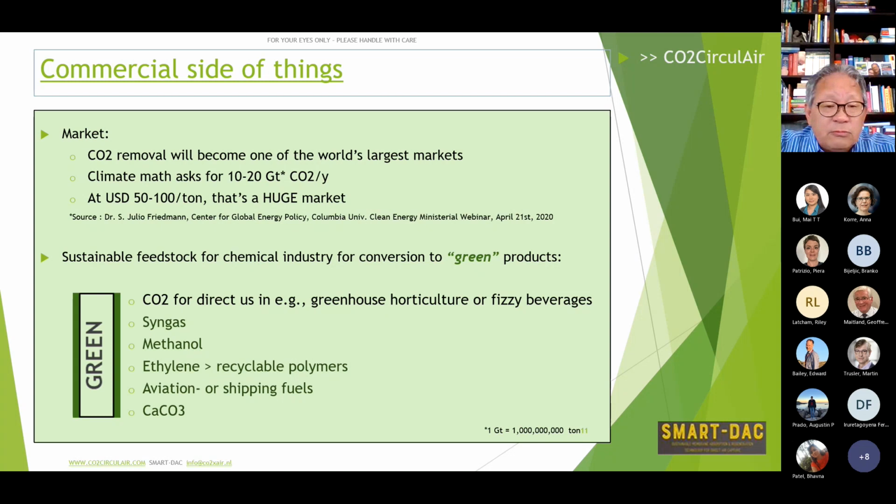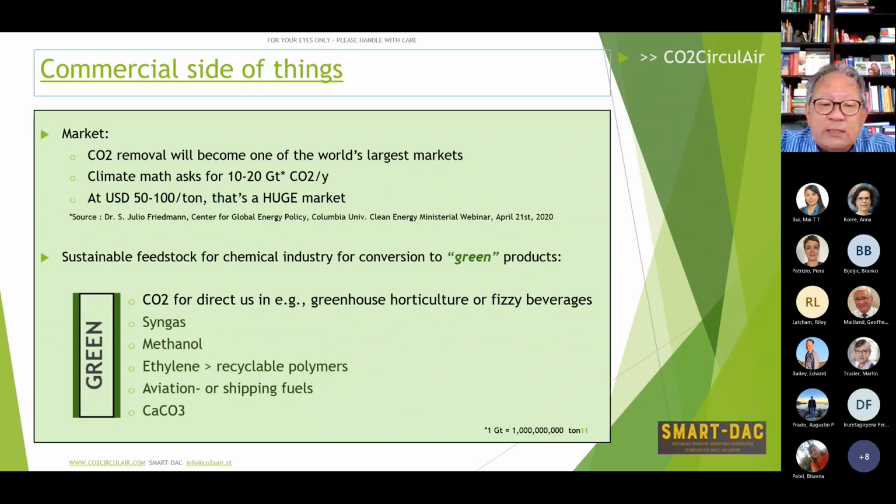So even use it directly in greenhouses, horticulture, or for fizzy beverages, for other direct use, for packaging, using green instead of gray CO2, producing syngas, producing methanol as an energy carrier, even producing ethylene with as a target producing recyclable polymers, because then the CO2 is captured and stays captured.